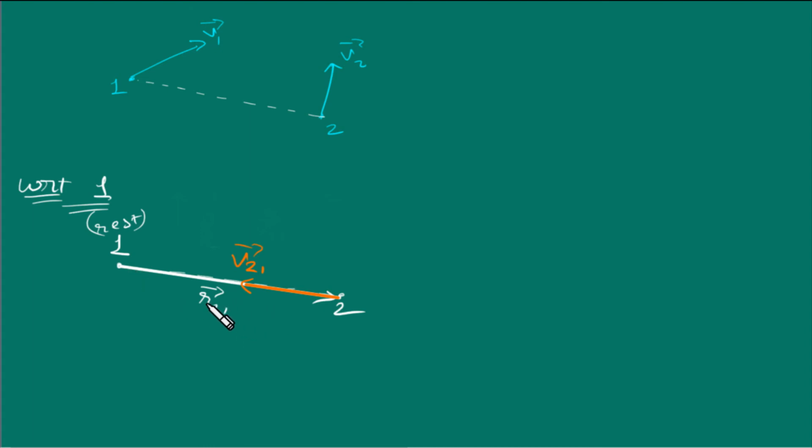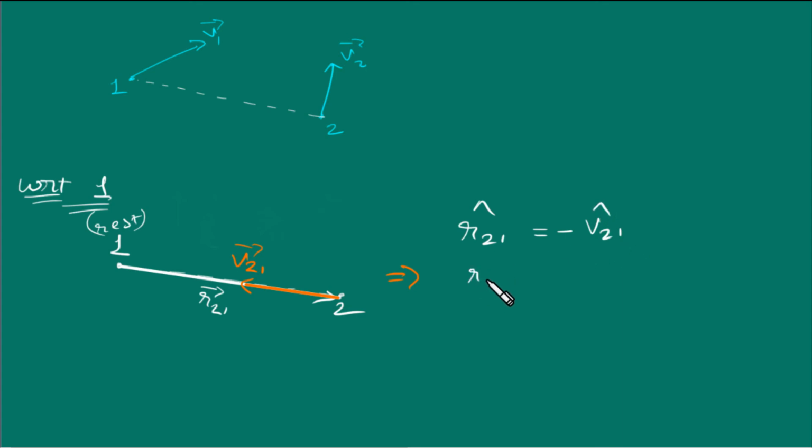Or let me say that the direction of velocity of 2 with respect to 1 is opposite to the direction of the position of 2 with respect to 1. And we can simply write direction by unit vector, right? In vectors, a unit vector is used to represent direction. That means, let me use another pen, the position of 2 with respect to 1 should be equal to minus the velocity of 2 with respect to 1.